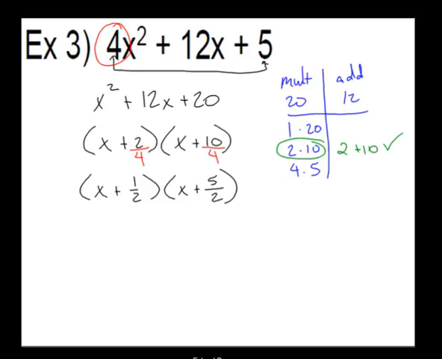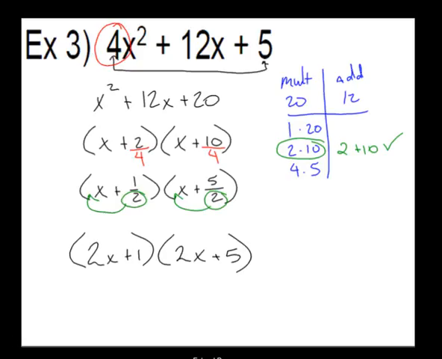Now my denominator gets moved to the front on each of these. So my final answer would be 2x plus 1, 2x plus 5. And there's the factored form of 4x squared plus 12x plus 5.